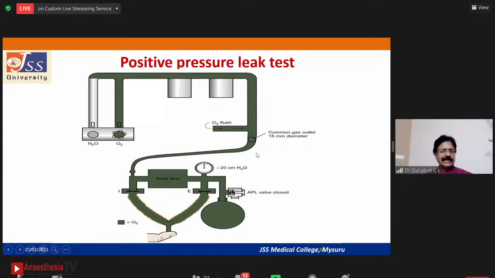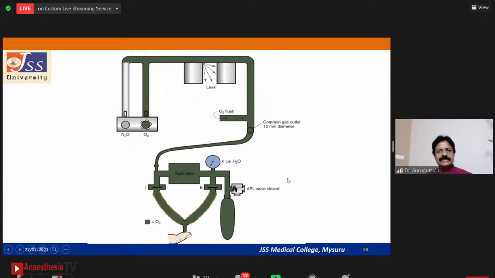Then you know that there is no leak. But you have to do it with the vaporizer opened also. Most commonly, the leak can be at the vaporizer level. If there is a leak, you cannot have the sustaining of this pressure.